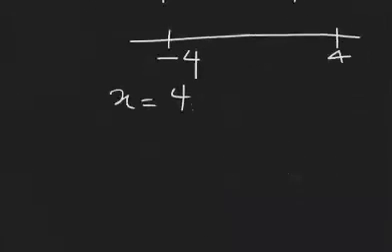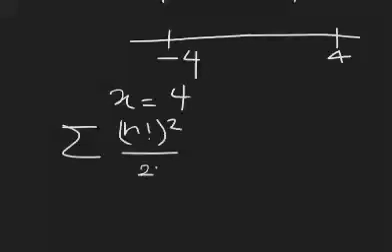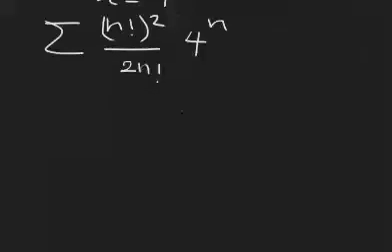What do you get? The summation of (n factorial) squared divided by (2n) factorial, times 4 to the n. Last time we discussed this problem, or if you don't remember, we can work this out.